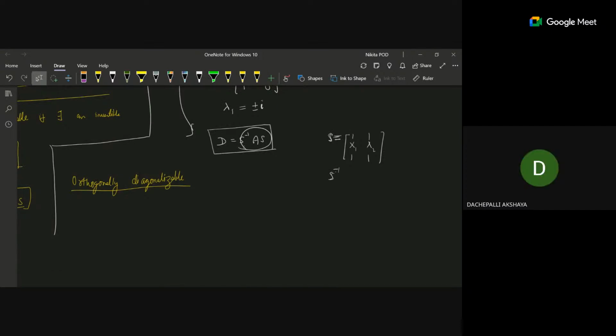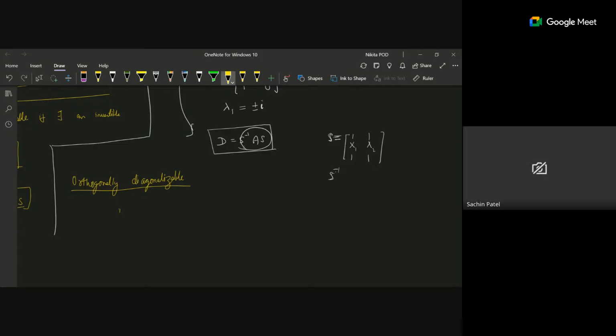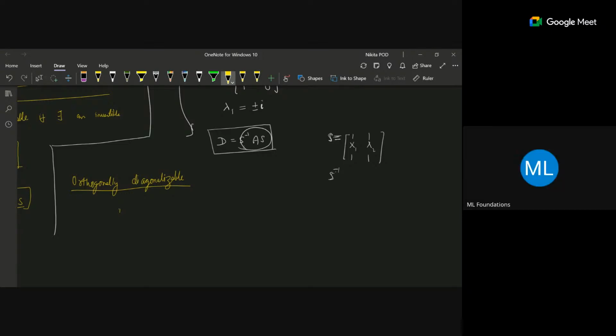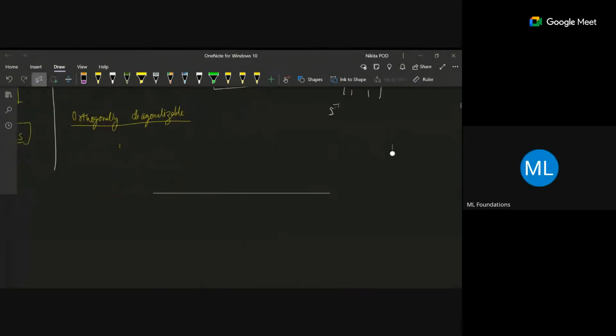If there exists an orthogonal matrix such that your S inverse is S transpose. The eigenvalues should be real. First of all, what is an orthogonal matrix? The columns of the orthogonal matrix are orthonormal and they are orthogonal to each other.